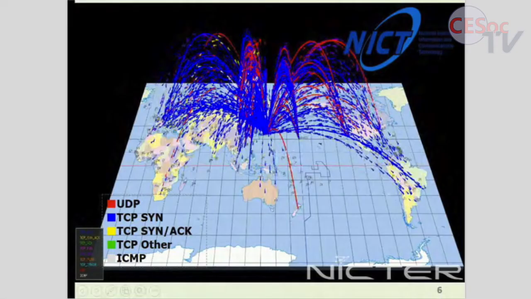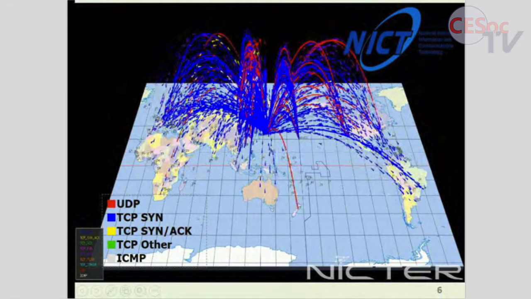This is our Atlas system, developed in research activity under NICT. This is a real-time attack, observed about 3 or 4 days ago. This is real data.